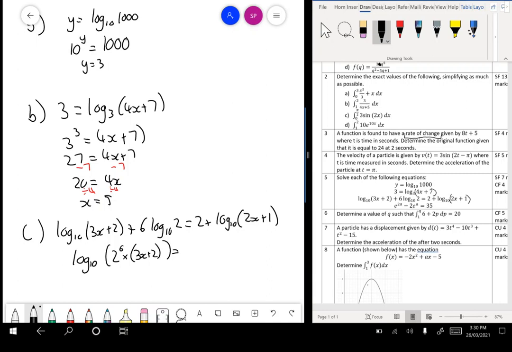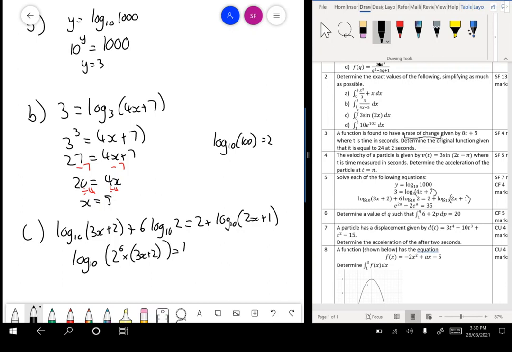So I'm going to write it up here: log base 10 of 100 equals 2. And what I can do is replace that 2 with log base 10 of 100. That's kind of counterintuitive. Normally, with numbers, we want to get away from complicated things like logs, but in this case, it's actually going to help us to simplify.